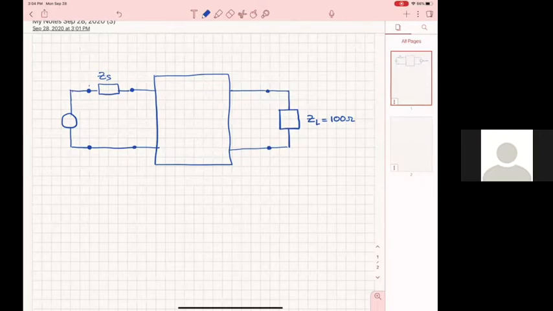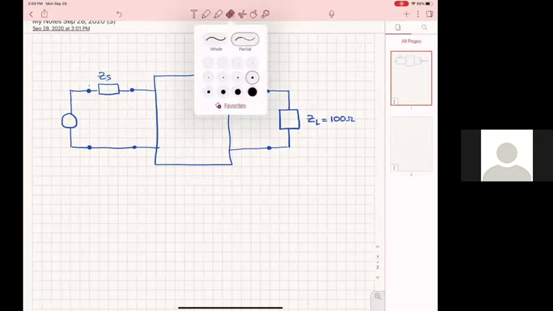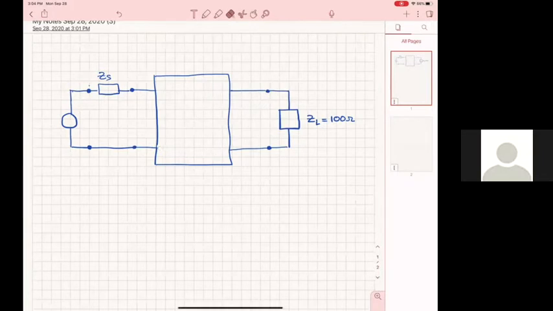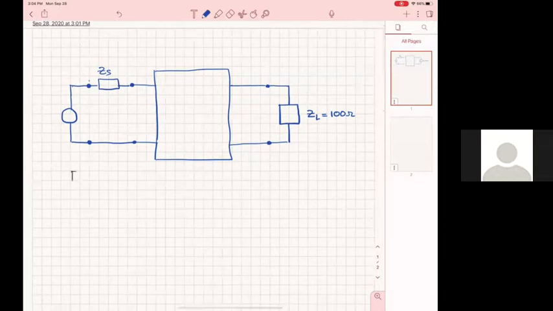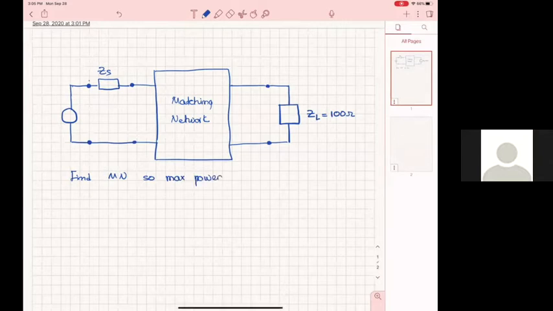So I could say that I would like you to find the matching network here, so that maximum power gets delivered to the load, to ZL.